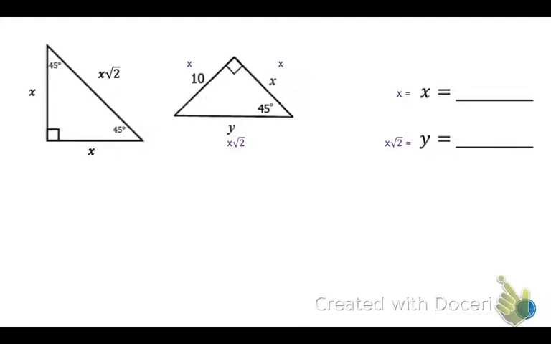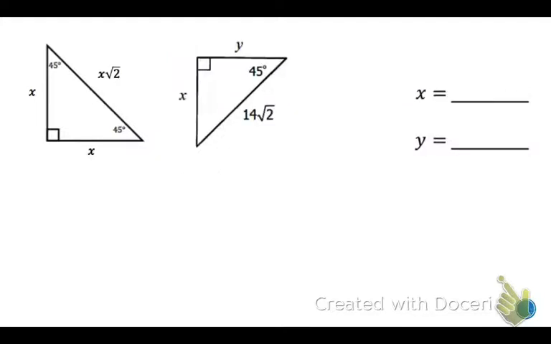So I'm going to put x equals x, and x square root of 2 equals y. Then I'm going to circle the one that they gave me. So they gave me the 10, so I have x equals 10. Well, that makes it easy, because that means that x equals 10, and that x equals 10 square root of 2. Pretty simple, didn't have to do anything extra.